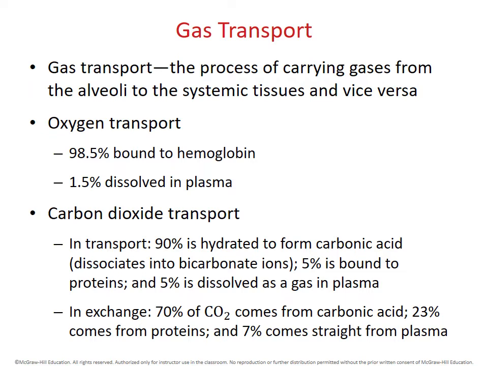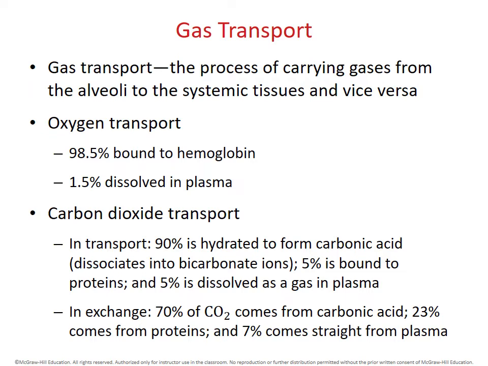But after they diffuse into solution, both carbon dioxide and oxygen have other means by which they are actually transported. Remember, when we talked about iron, how free iron is toxic, and we don't tend to transport it freely through the blood. Because of that, we tend to bind it up with transport proteins.